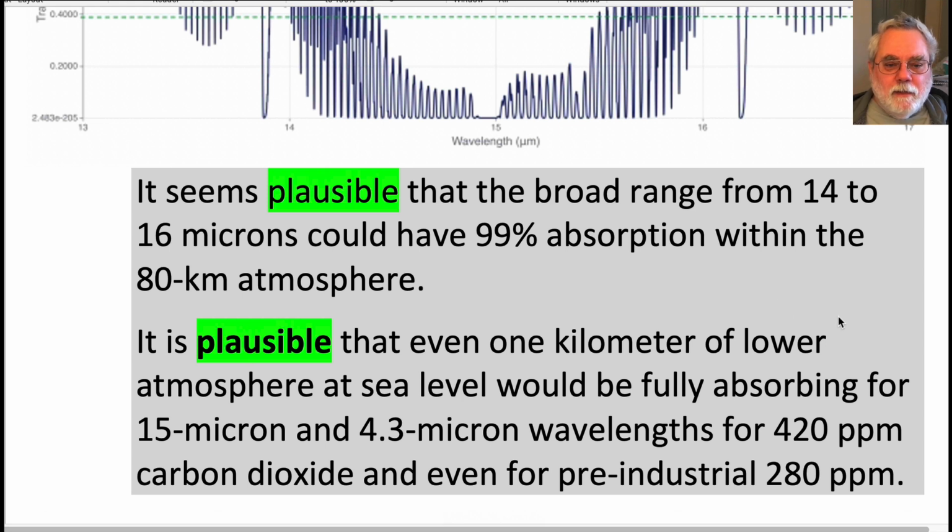It is plausible that even 1 kilometer of lower atmosphere at sea level would be fully absorbing for 15 micron and 4.3 micron wavelengths for 420 parts per million carbon dioxide, and even for pre-industrial 280 parts per million.